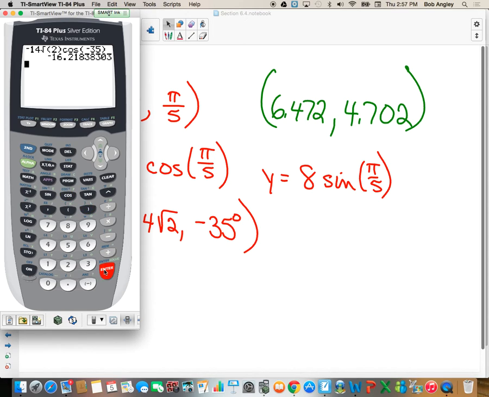Press enter, and we'll get the answer. By the way, I changed mine to classic print because of something I had to write out, so when you got that square root, you just put the 200 in. Mine's in classic print; I'll change it back in just a second. So that x coordinate is negative 16.218.